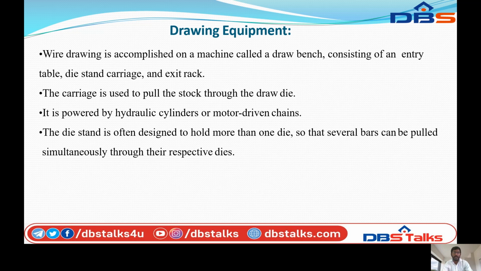It is powered by hydraulic cylinders or motor-driven chains. The die stand is often designed to hold more than one die so that several bars can be pulled simultaneously through their respective dies.